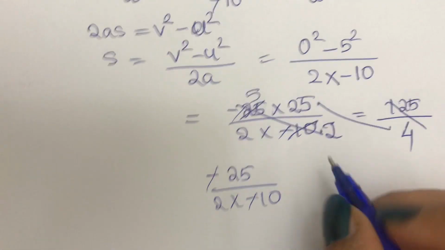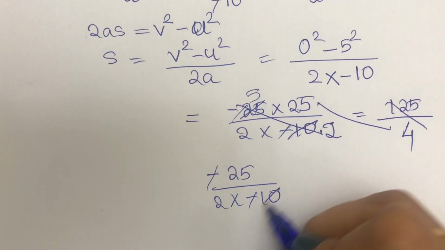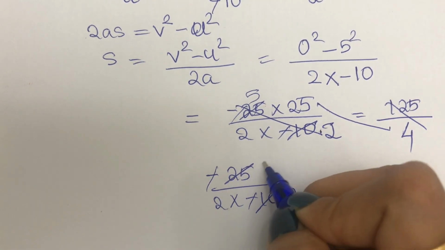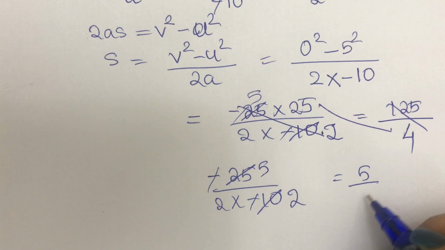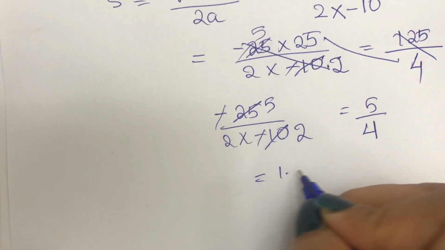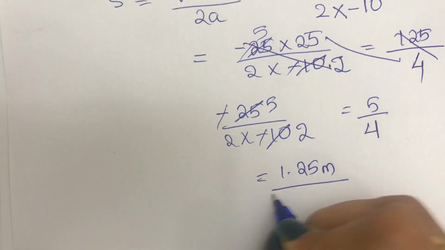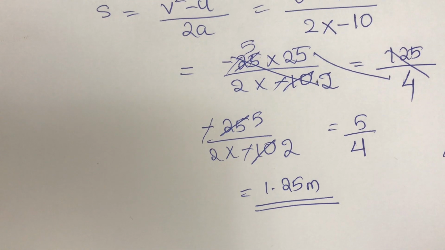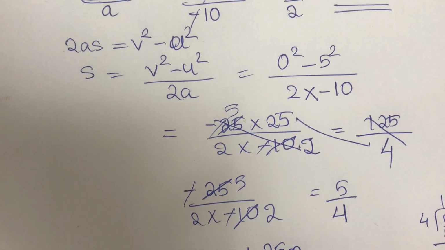So 0 minus 5 square is minus 25, divided by 2 into minus 10. Minus and minus cancel, and then 5 divided by 2s are 5... so it will be 1.25 meter. So the maximum height attained by the stone is 1.25 meter. You understood, right?